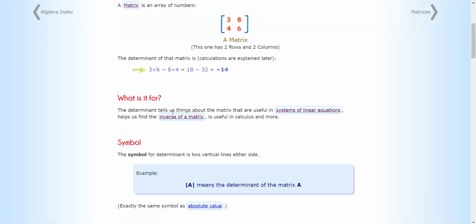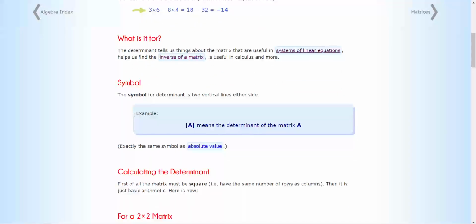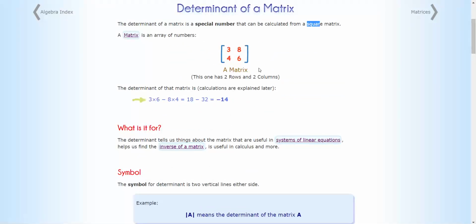So what is it for? The determinant tells us things about the matrix that are useful in systems of linear equations. The determinant helps us to find the inverse of the matrix that we've seen, and it's also useful in solving systems of linear equations.